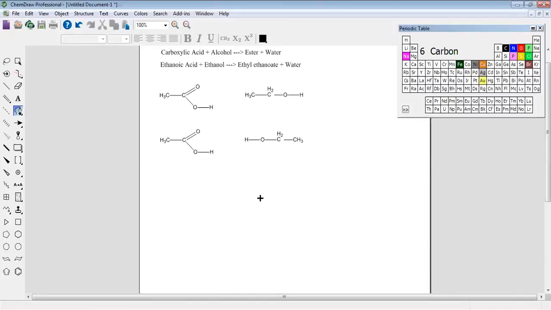Then what you are going to do is that you're going to take H out of alcohol and OH out of acid। You might want to write it down। Take the H out of alcohol and OH out of the acid to produce water। ठीक है, this would produce water for you। ये आपके लिए water produce कर देगा। Clear?